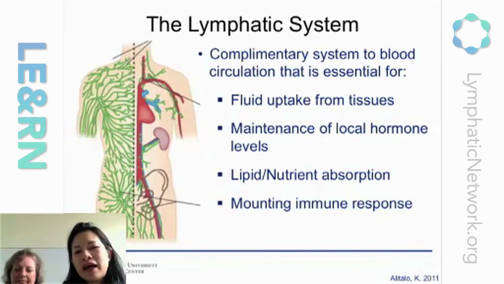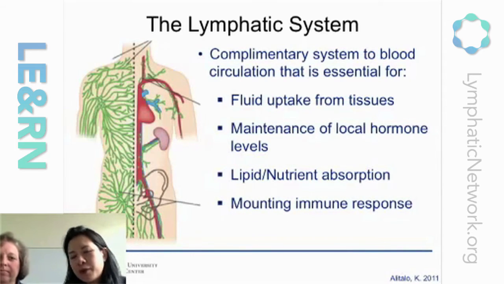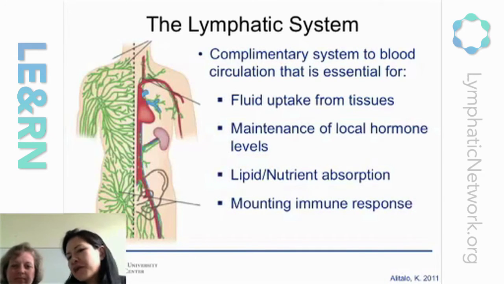Lastly, the lymphatic system plays a very important role in helping to mount an immune response. When we have bacteria, viruses, or some other organisms that are trying to invade our body, we have immune cells that try to break them up, and they rely on the lymphatic system to take the broken up pieces of these foreign bodies, the bacteria and viruses, to the lymph nodes so that our body can mount the immune response.